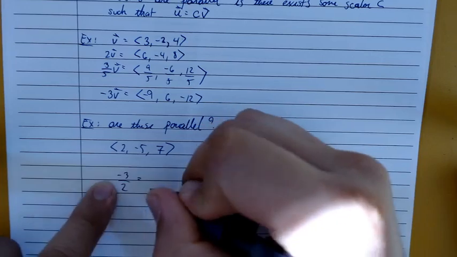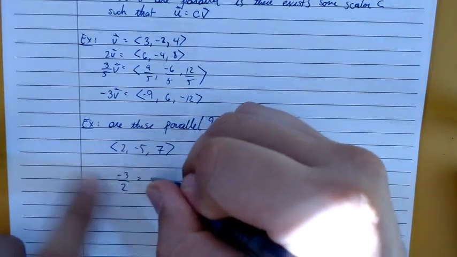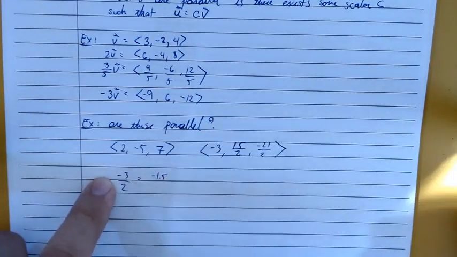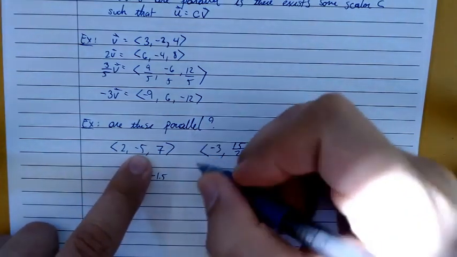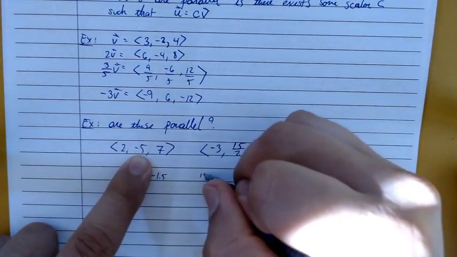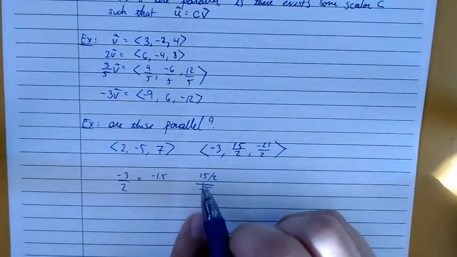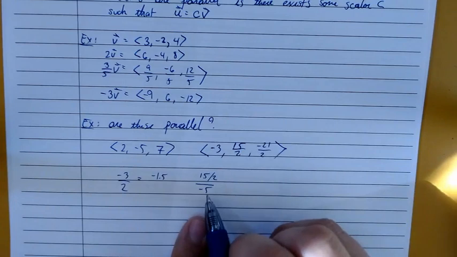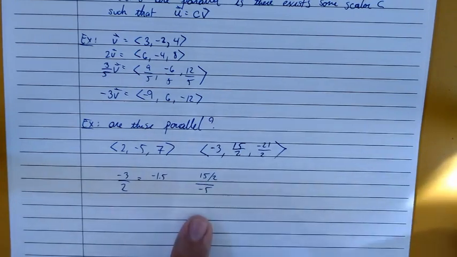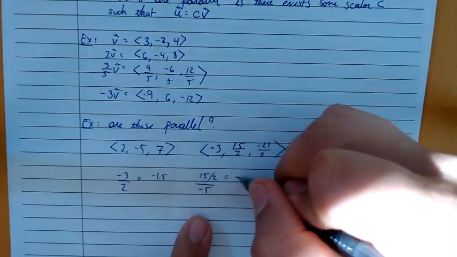Okay, well that's negative 3 halves, right? I can say negative 1.5 if I like. Okay. Let's try these here. 15 halves divided by negative 5. Let's see, 15 halves, positive divided by a negative is a negative. 15 divided by 5 is 3 halves. Oh, that's also negative 1.5.